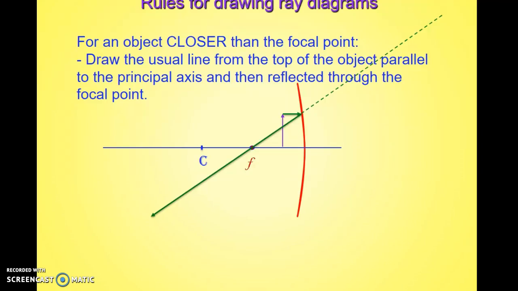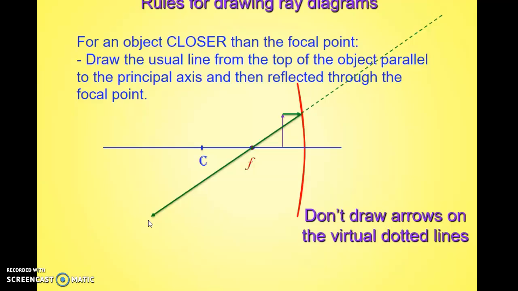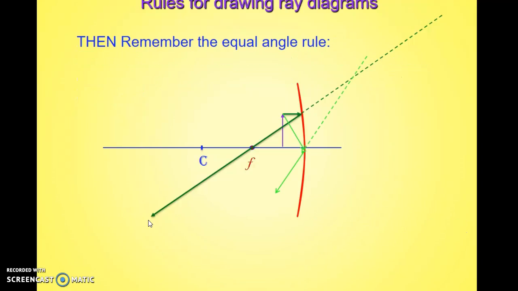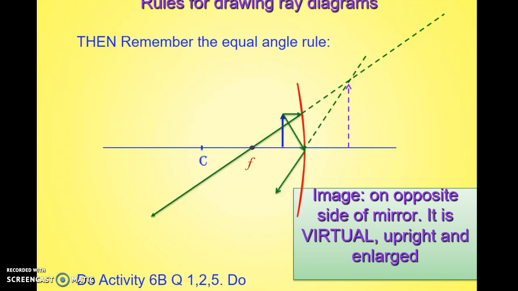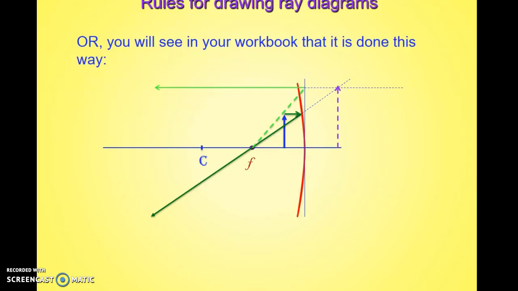You can also draw it like this. Your textbook does it like this. So again, this one goes to the mirror and then reflects through, but look at the second one. It's the same thing. You can get the same diagram. Sorry, I got confused there.